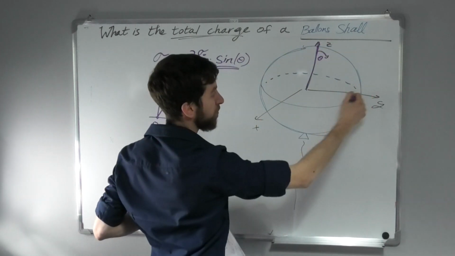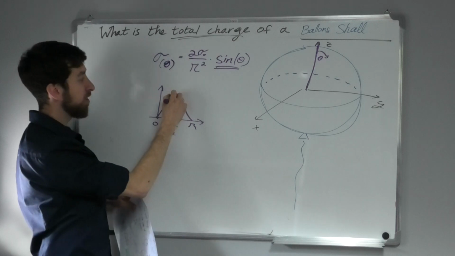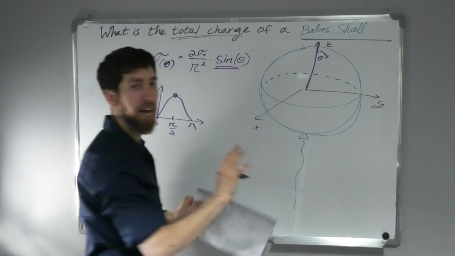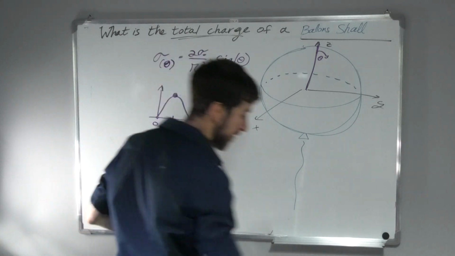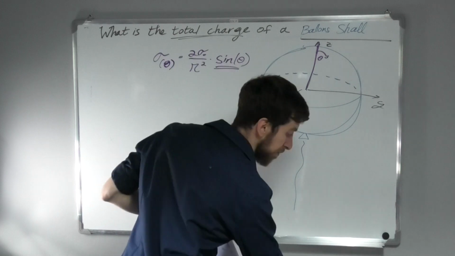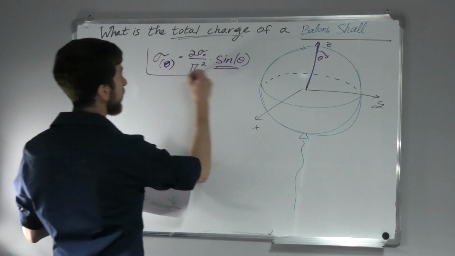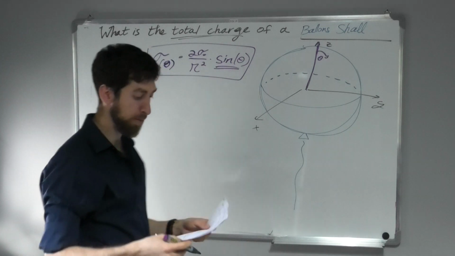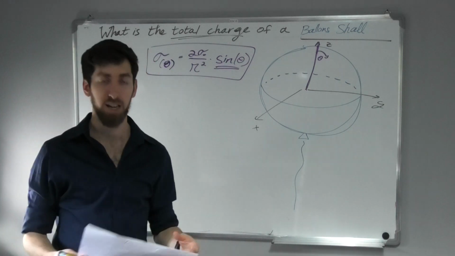And when you go to the equator, you actually have most of the charge. And then when you go here, again, it vanishes. So this is the idea of how it looks. It's not that important, but it's good to know in your mind, when you see sine, what's going on in the problem. It's going to be relevant in the next classes.